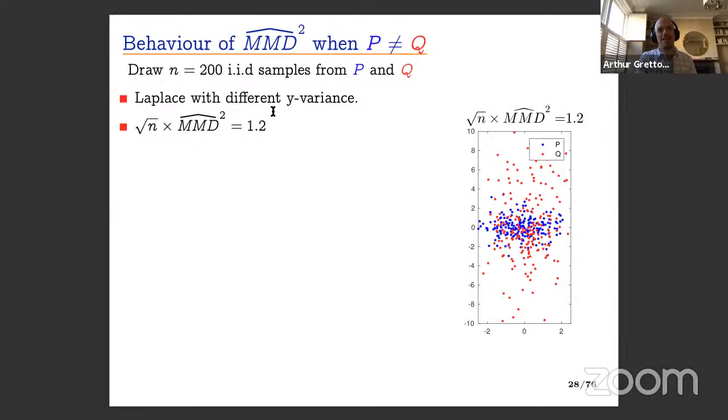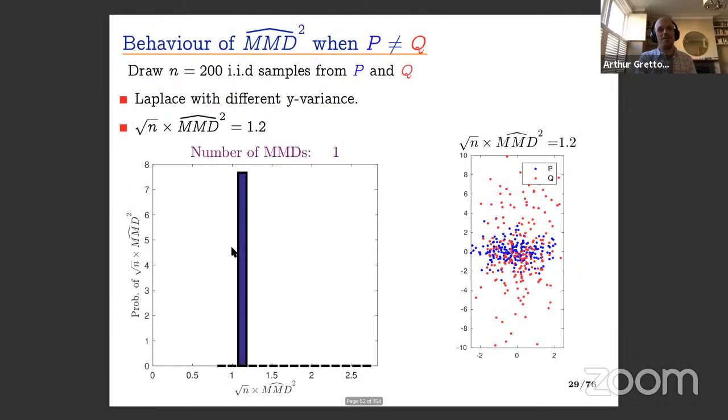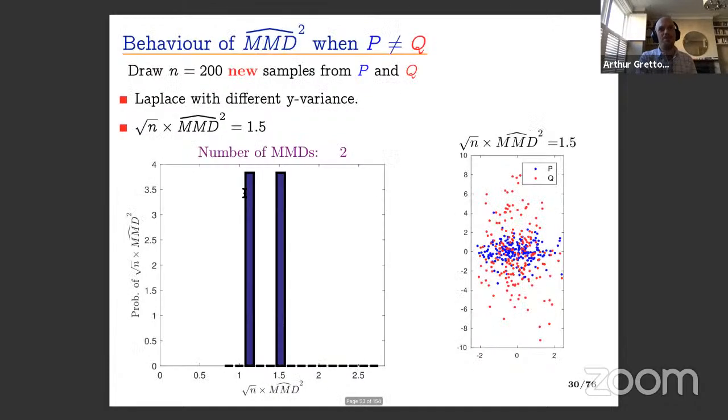Now I'm going to construct a histogram where on the x-axis I've got this square root of n times MMD squared, and on the y-axis I've got the probability that I saw a particular square root of n times MMD squared. So far, I've just computed it once, and I've seen only one value, which is 1.2. So I've put a bar here at 1.2. Let's repeat the experiment.